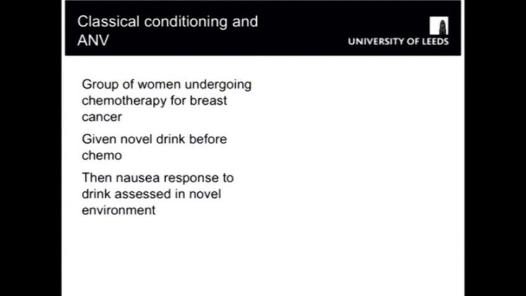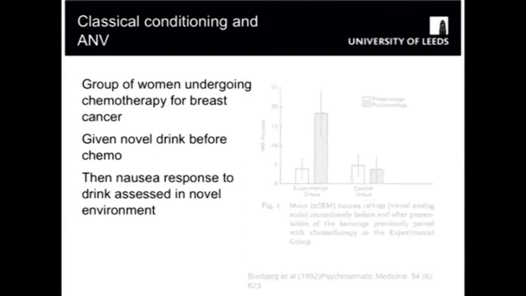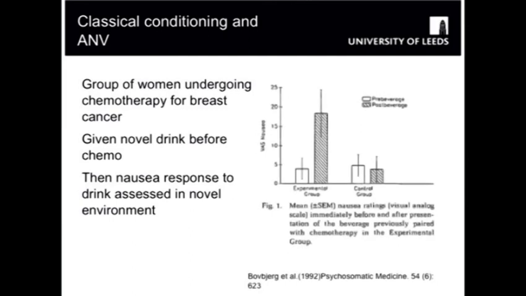So this novel drink acts as a CS. They then had the chemotherapy, and what was assessed was the nausea response to that drink. So now we're actually studying within an experiment the effect of the chemotherapy on the aversion to the novel drink, to establish that this is a plausible model for the cause of anticipatory nausea and vomiting.